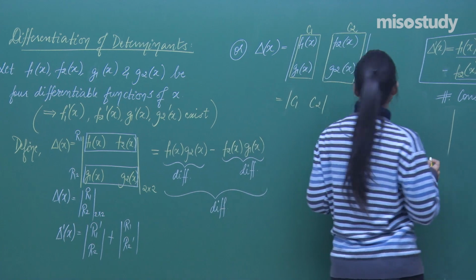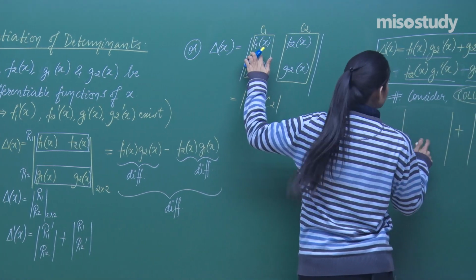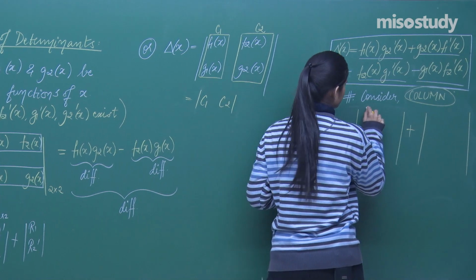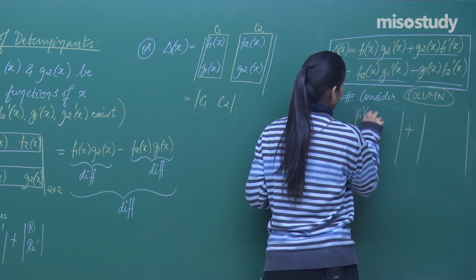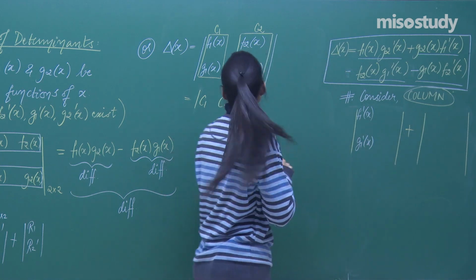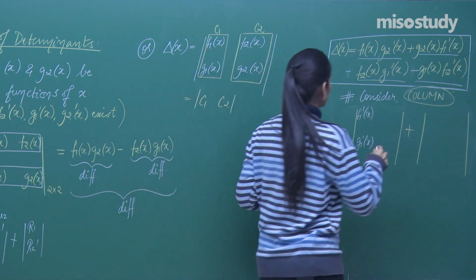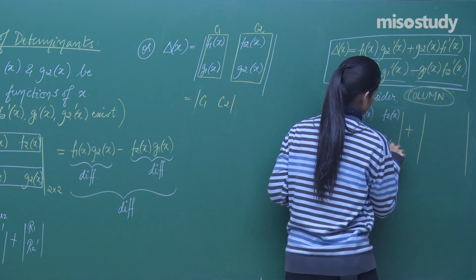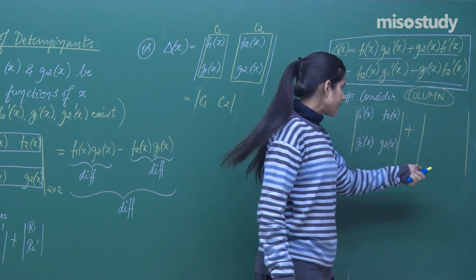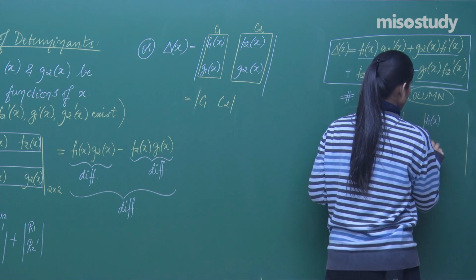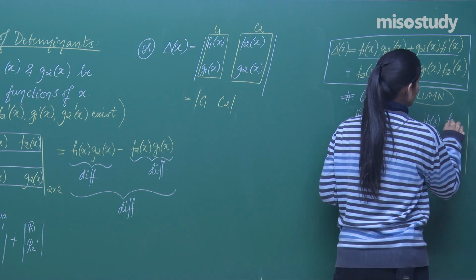Please try to see this. What you do, in the first determinant of order 2 cross 2, you differentiate the first column. Okay, differentiate the first column, keep the second column as it is. And in the second determinant, you keep the first column as it is and differentiate the second column.